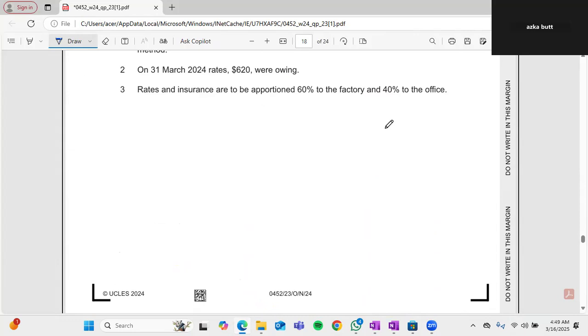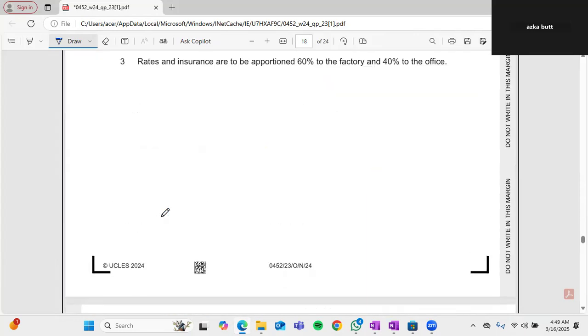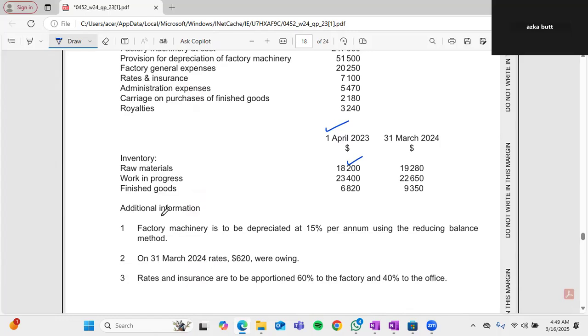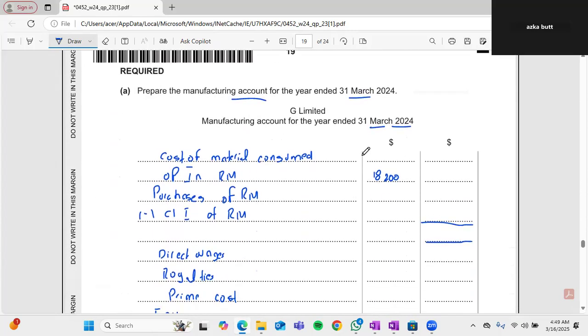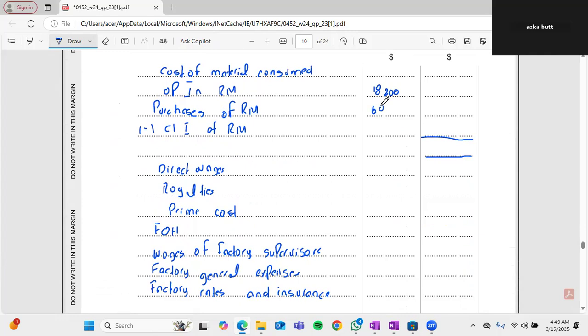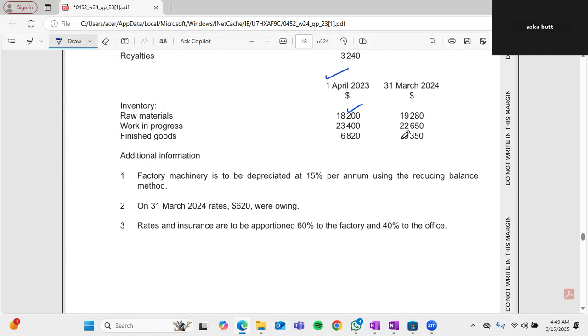And let's see the next thing, purchases of raw material. We have the purchases of finished goods and raw material. So raw material purchases are $68,000. Next thing is the closing inventory of raw material. This is the closing inventory because this is the year end inventory.